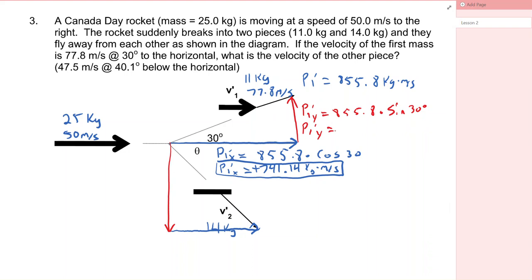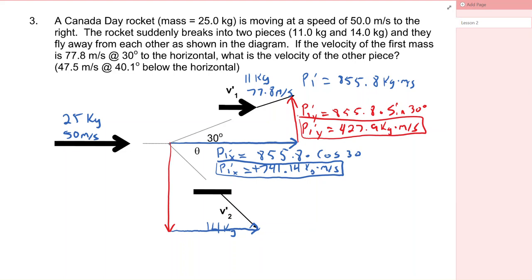Oh yeah, right there. 427.9 kilograms times meters per second. Okay, so we got that one, and that's pretty much it.